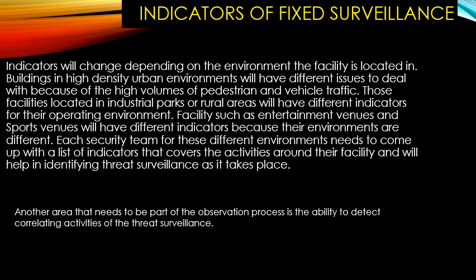Another area that needs to be part of the observation process is the ability to detect correlating activities of the threat surveillance. Correlating activities are important and can help identify surveillance personnel. So what is a correlating activity? These are actions that occur when other activities are taking place at the facility, such as predictable activities. A truck approaches a loading dock.